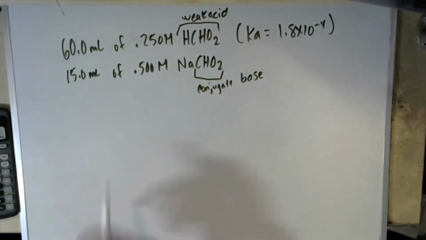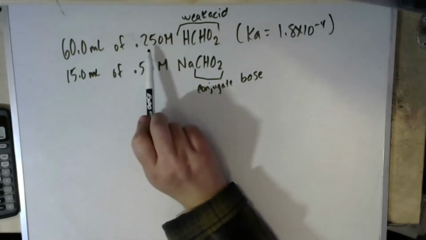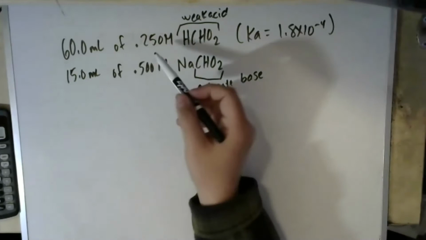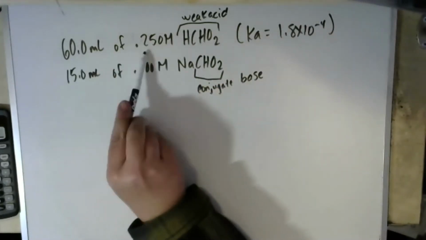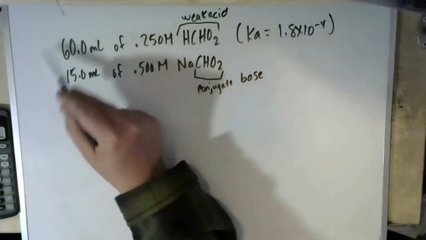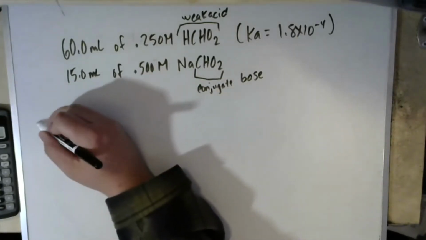So we can't use the molarities that we were given in the question themselves, because once we take these specific samples and we mix them together, and then we have a new total volume, their concentrations are going to change, right? When we change the volume of a solution, it's going to alter the concentration. So we have to figure out a new molarity for each one of these first.